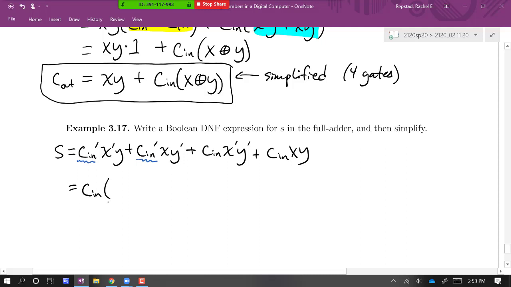And then inside, we get x naught y plus x y naught. And then in the next pair, we've got the carry-in that's common to both of them. So I could take that out, and what's left inside? x y plus x naught y naught.